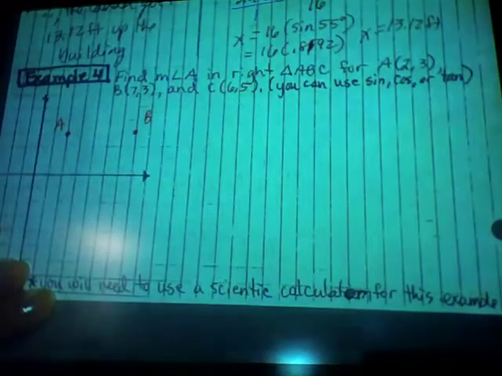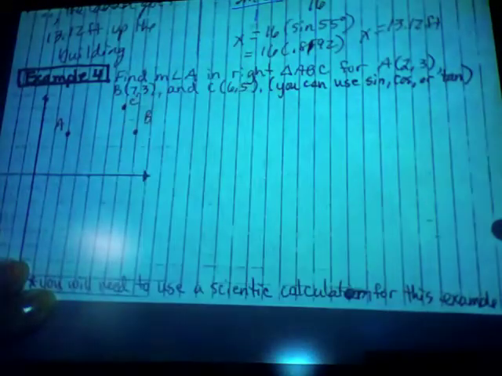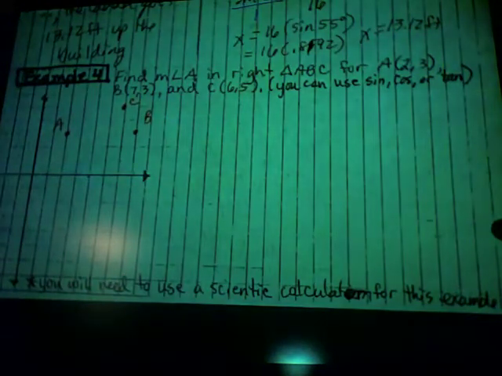So here's point A. And B is 7, 3. So here's B. And then C is 6, 5. So here's C. And if I connect my dots, I should have a triangle.